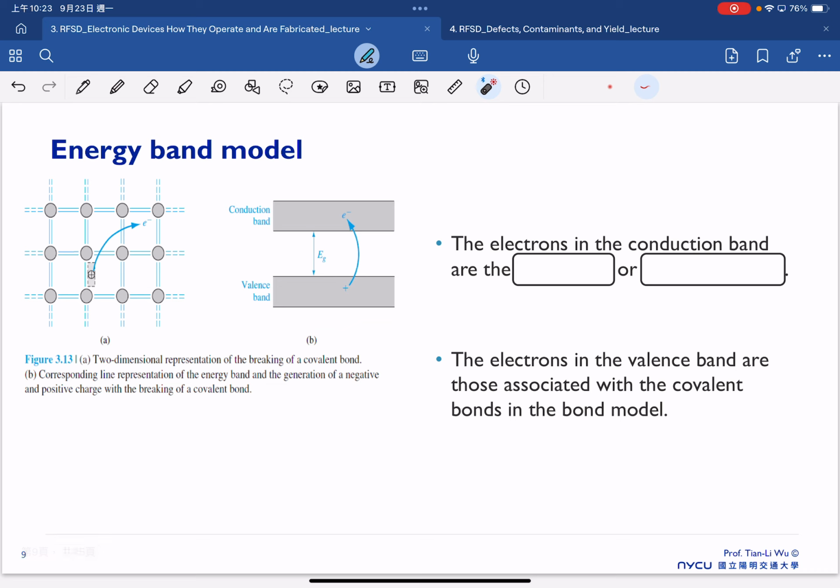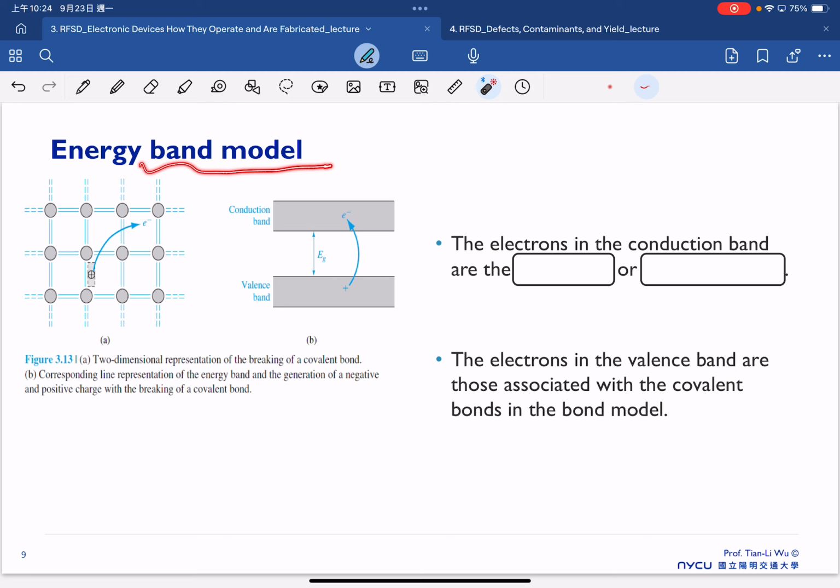Okay, so the next topic is free electron movement. We have shown the two-dimensional periodic lattice arrangement. If an electron moves from one place to another place, this kind of phenomenon can also be understood by considering the band model.